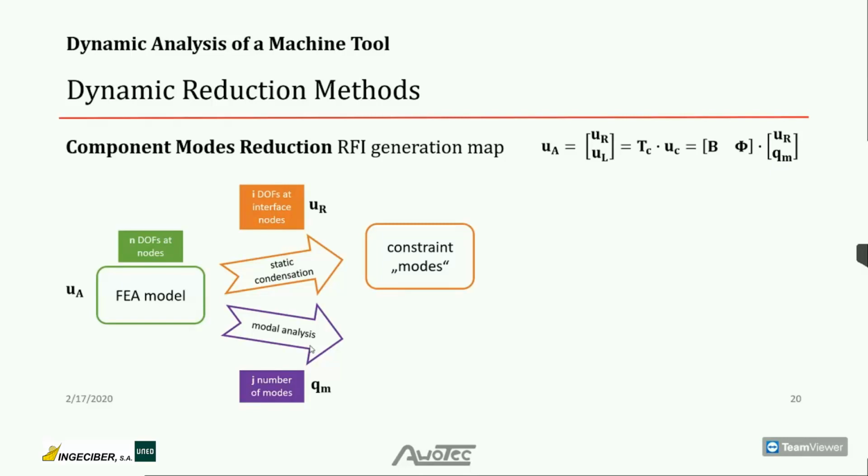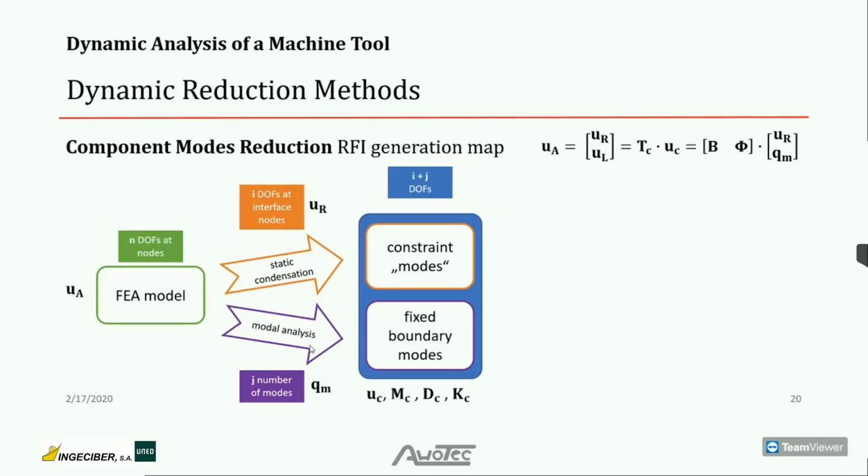They're just the deformation shapes based on a unity displacement on the single interface nodes. And with the interface nodes fixed, then there is a modal analysis done. And these modes that are calculated are called fixed boundary modes. And altogether, these are the degrees of freedom of the reduced structure.